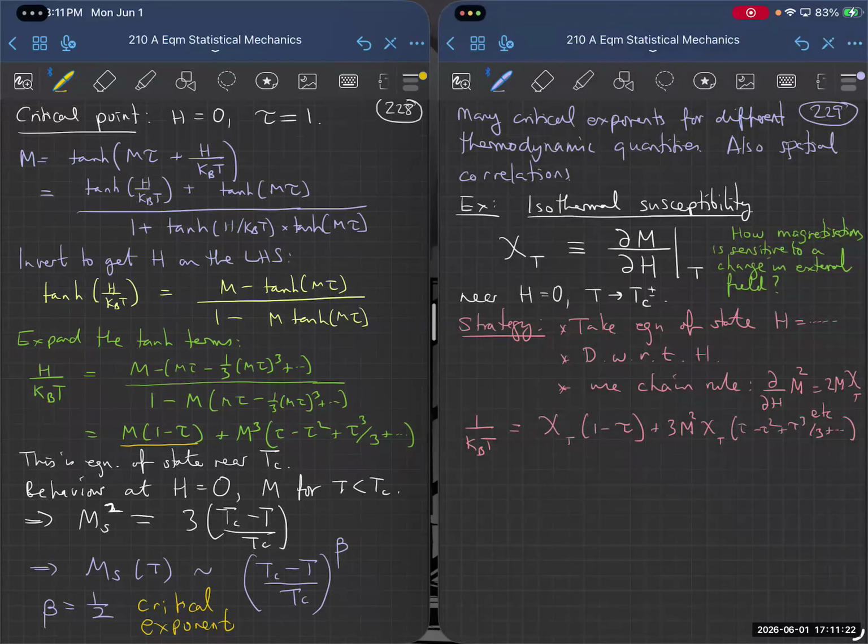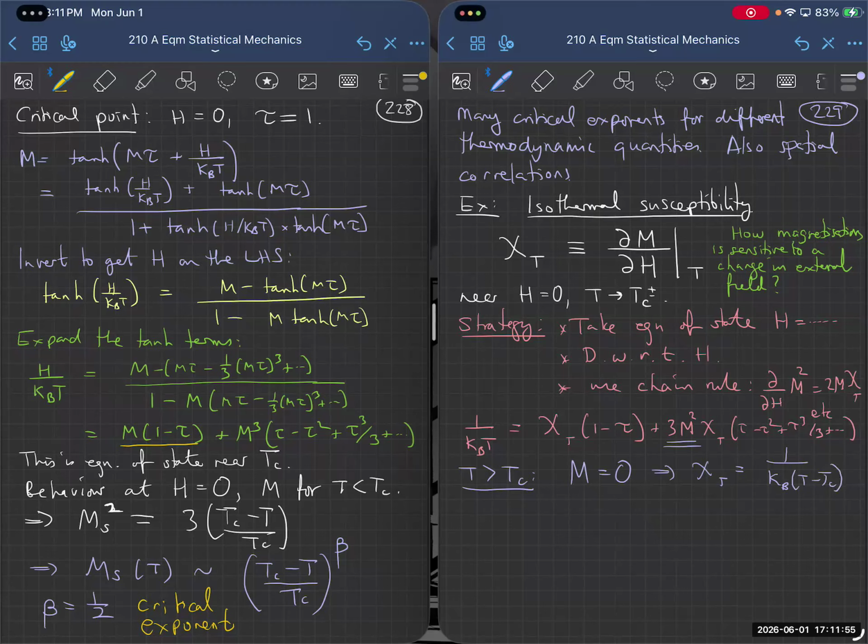So there are two cases that we want to consider. The case when T is greater than Tc means that M is equal to 0. So if M is equal to 0, then this term over here vanishes, and so we get that chi T is equal to 1 over kB times T minus Tc.